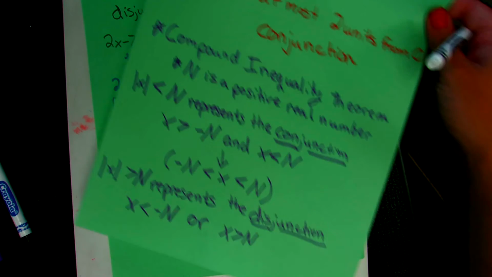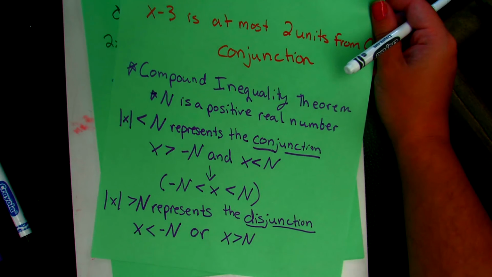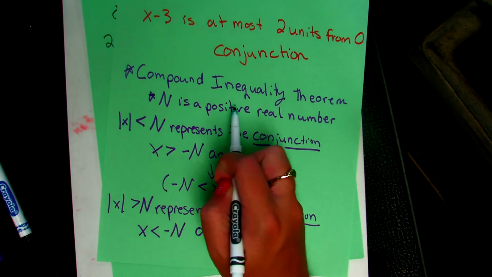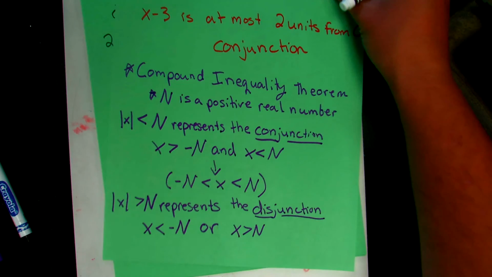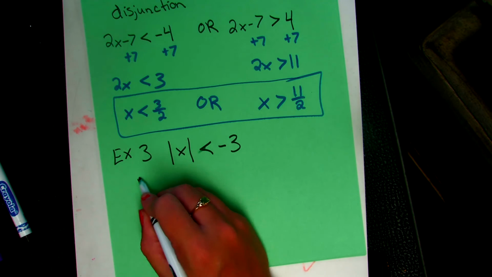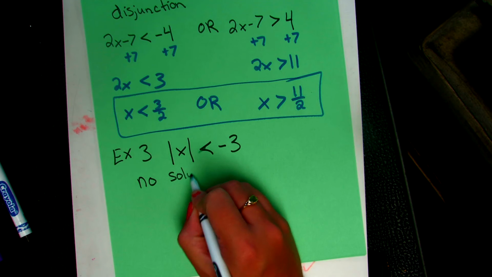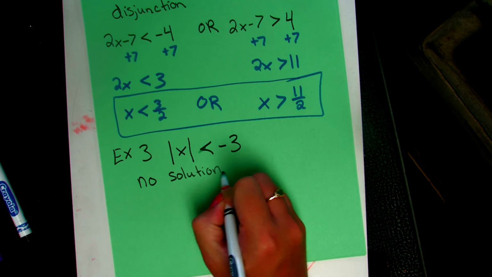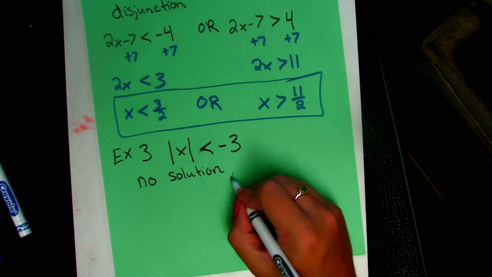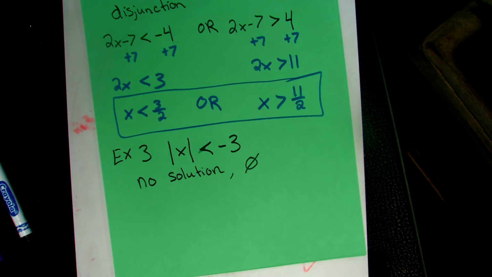And remember, my compound inequality theorem says that my n has to be a positive real number. So since my number is not a positive real number, that means there is no solution. We can also say it is the empty set.